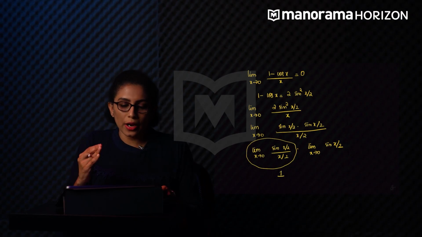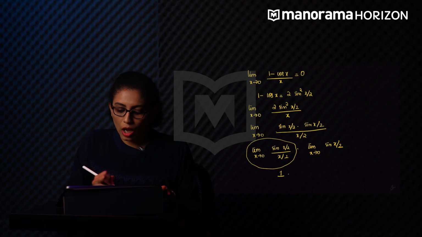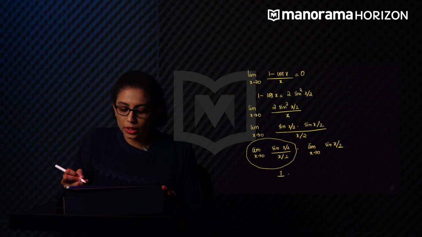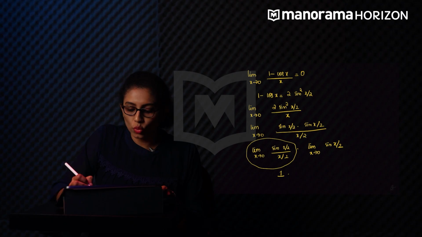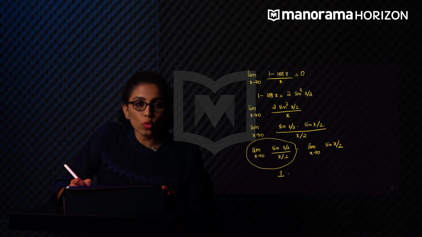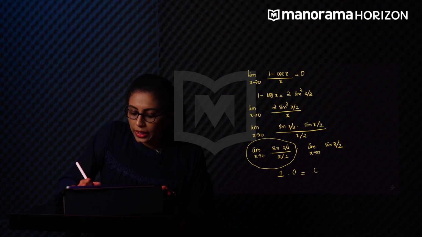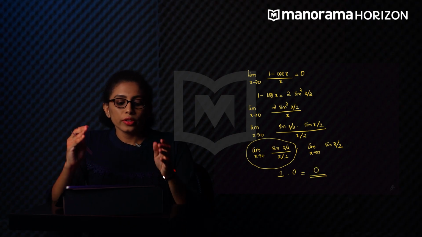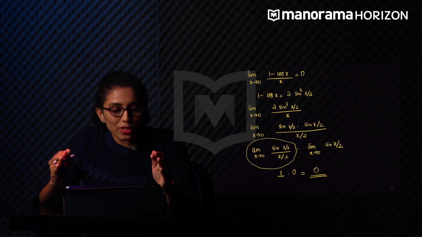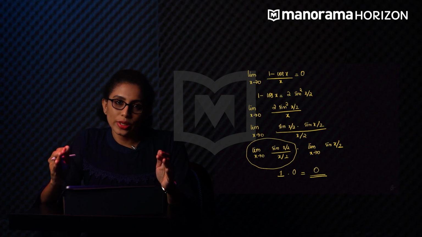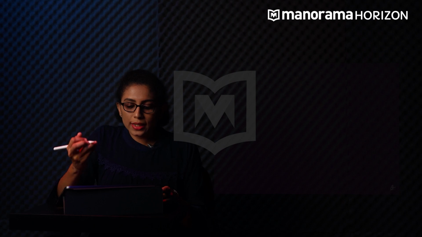We have just derived it using the property. Now applying the limit to the second term, that is limit x tends to 0 sin x by 2. Applying x is equal to 0, we get sin 0, which is 0. So 1 into 0, we get it as 0. So the limit x tends to 0, 1 minus cos x by x is equal to 0. Right? Now let's see another question.